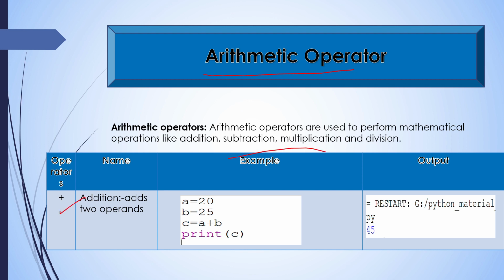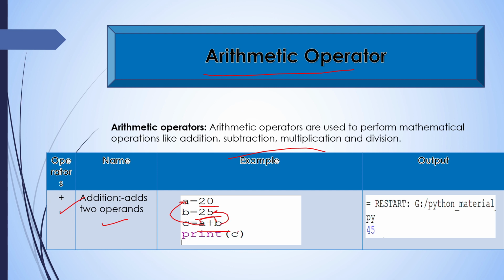So the plus operator is used to perform the operation of addition, which adds the two operands. A is equals to 20, B is equals to 25, C is equals to A plus B. A has a value of 20, B has a value of 25.